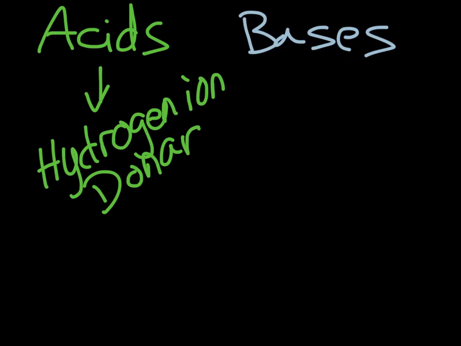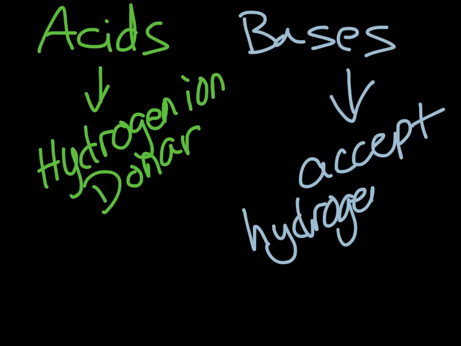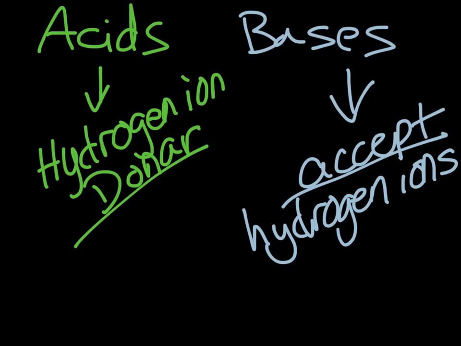Bases, however, are the opposite. They are looking for hydrogen ions. They can accept them. So one more time, acids are the donors, while bases are the receivers.